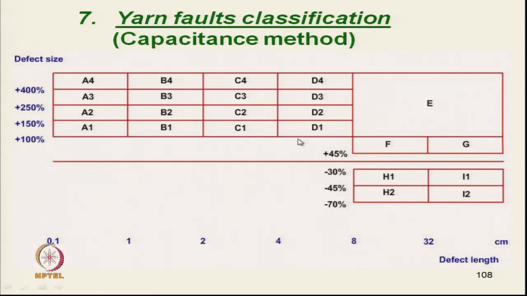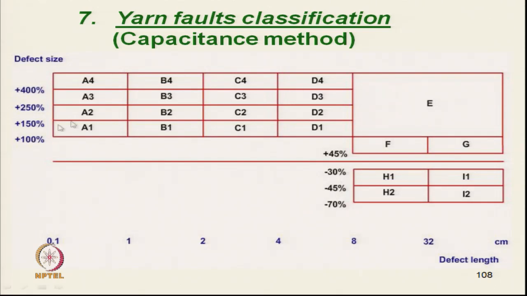A, B, C, D basically show the length of the fault, like 1 centimeter, 2 centimeter, 3 centimeter, 8 centimeter, and the labels 1, 2, 3, 4 are the diameter, or the mass per unit length in percentage.